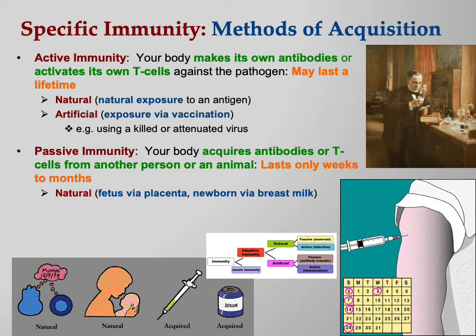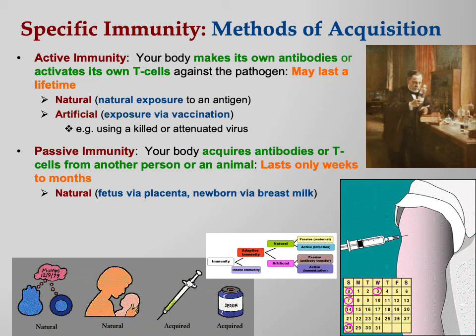So we talk about natural passive immunity. Basically, the only way this happens is mom. Either while you're still a fetus, so across the placenta. Remember what kinds of antibodies were involved there? Coming across the placenta into the fetus? Those were the IgGs. And then also newborns via breast milk.